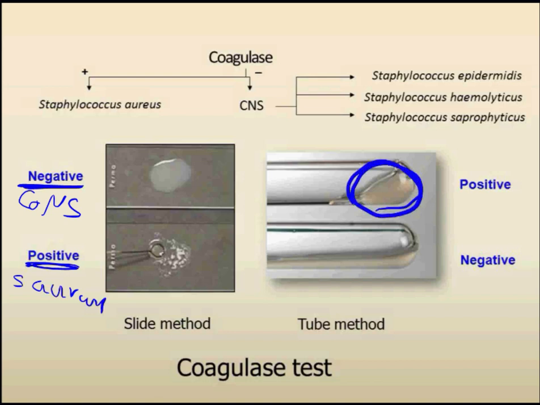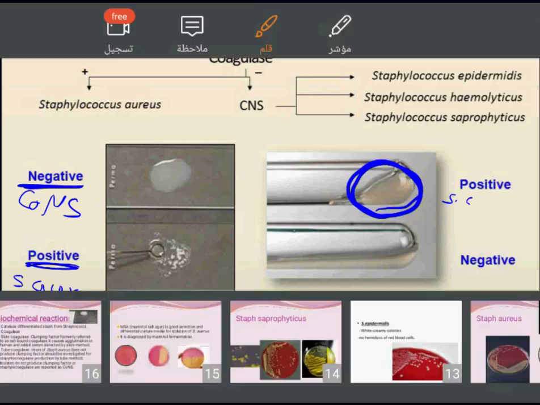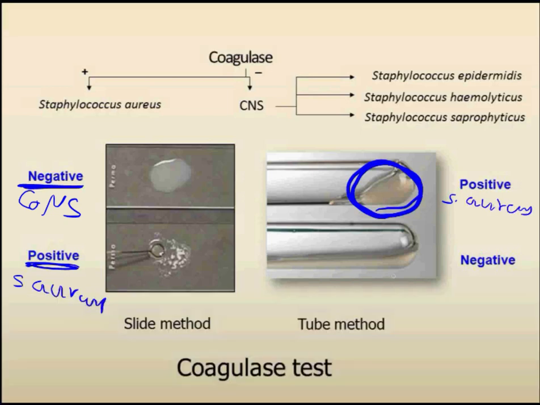The appearance of a clot in the plasma means this is a positive coagulase test, which occurs in Staph aureus. While if the plasma remains in the fluid state, this is a negative tube method. Positive, there is a clot formation, and negative, the plasma remains in the fluid state.